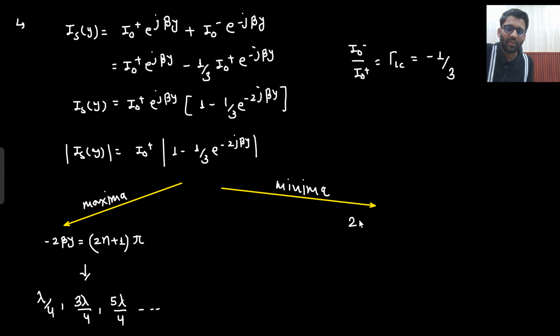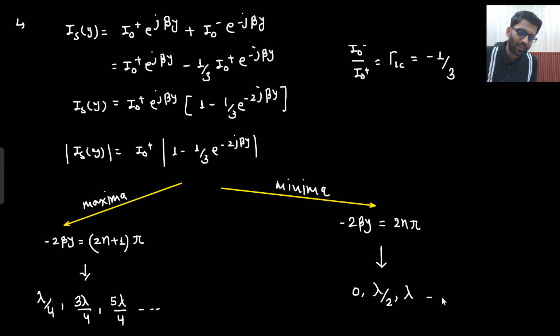And for minima, your minus 2 beta y should be equal to, for minima, this should be starting from 0 because cos 0 is 1. So 1, 2 pi in that manner. So 2n pi. So from here, what you will be getting? 0, lambda by 2, lambda, and in this manner. Okay.